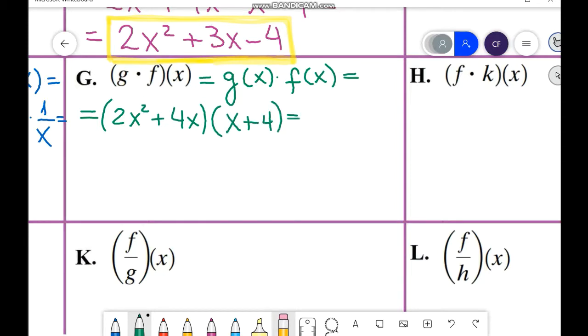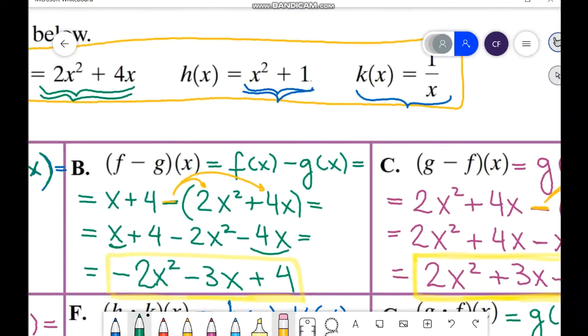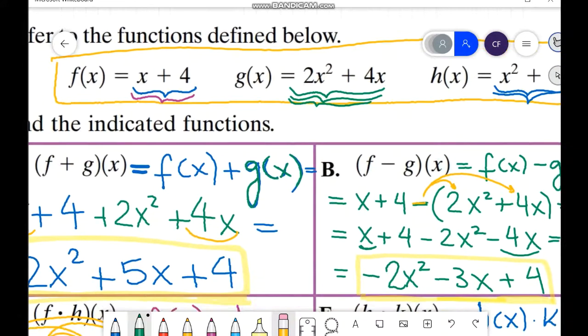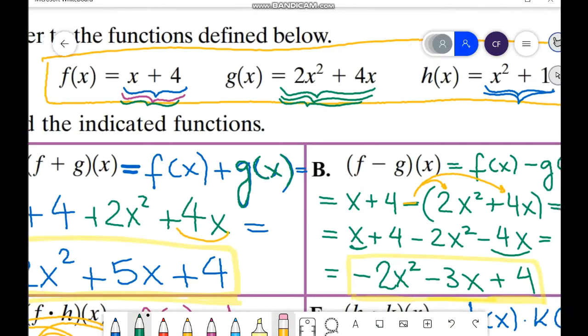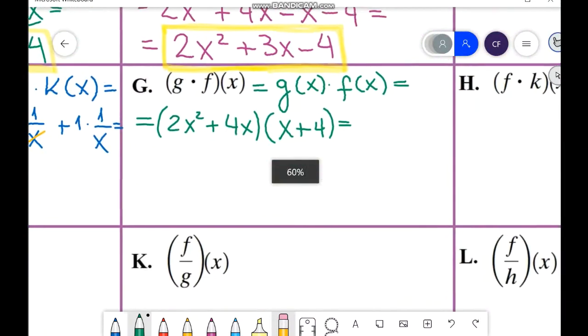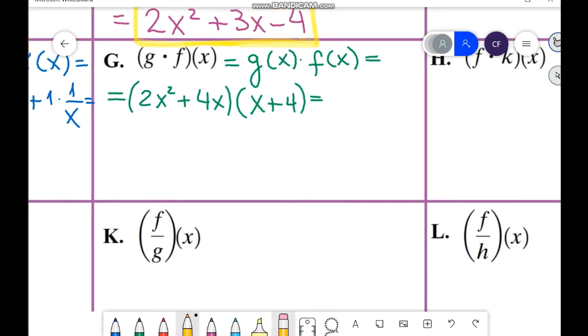Let me just make sure I have the right functions. G of x. Let me see. Yes. Here. And f of x is this. Yes, we have the right ones. We can work it out. Apply the distributive property. This is the FOIL method.